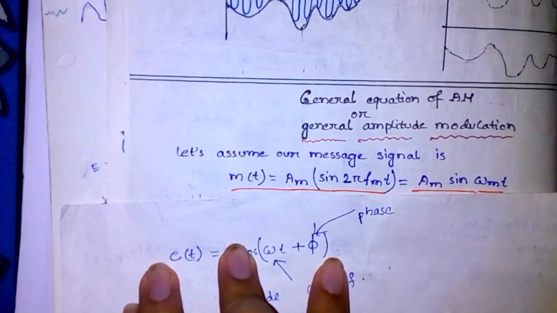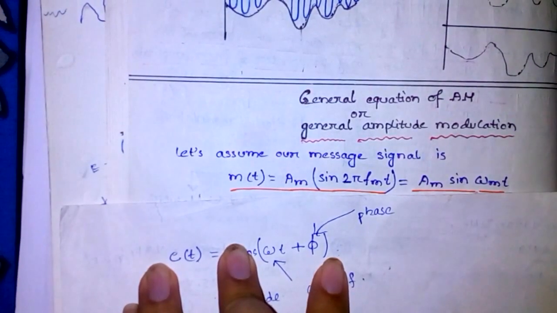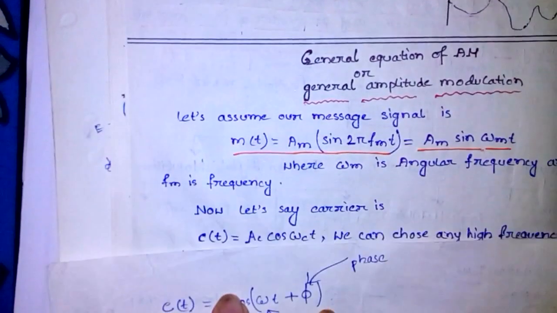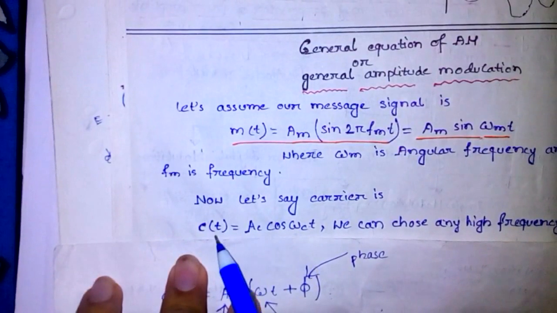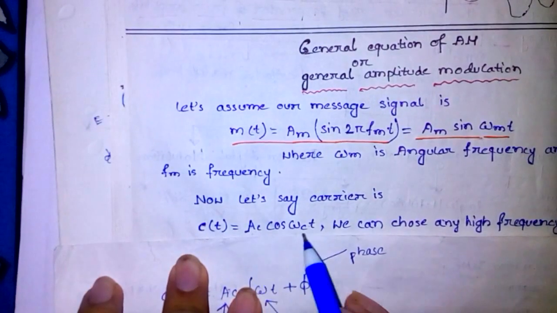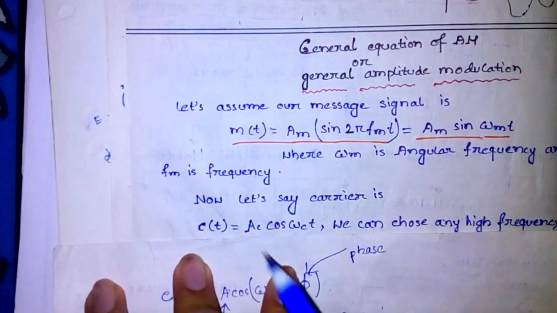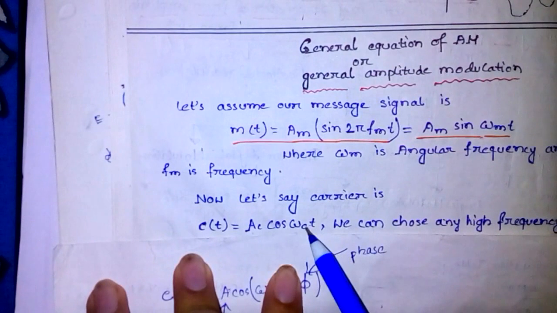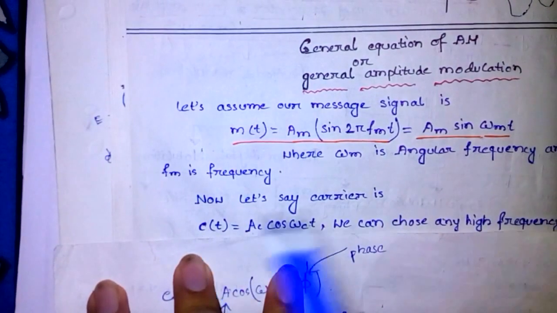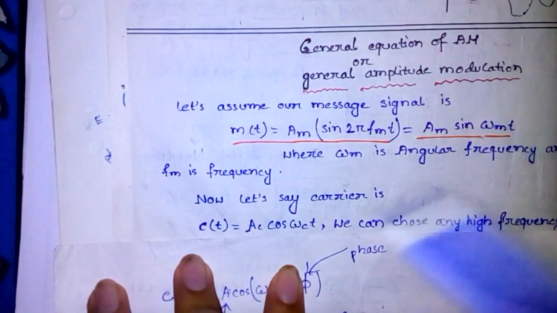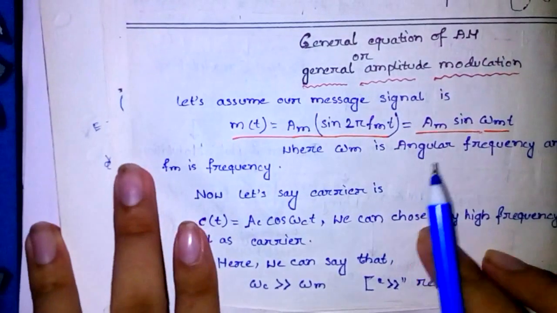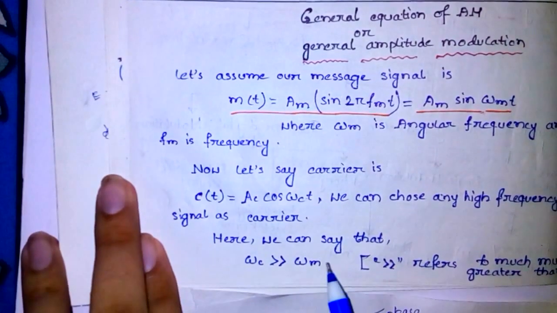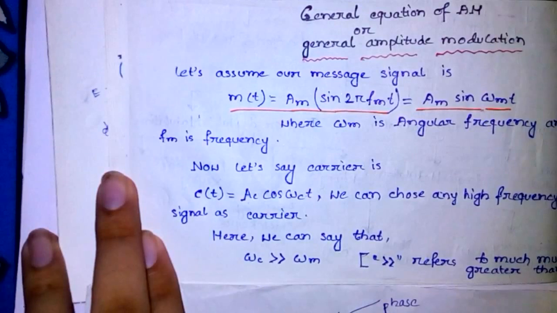It can be any type of signal, a square wave, a cosine wave, anything. So this is our message signal. Now let's take another wave, the carrier wave, denoted by c(t), which is Ac cos omega c t. Here Ac is the amplitude and omega c is the angular frequency of the carrier. As I have told you, the carrier frequency must be high, so we can say that omega c is much greater than omega m.